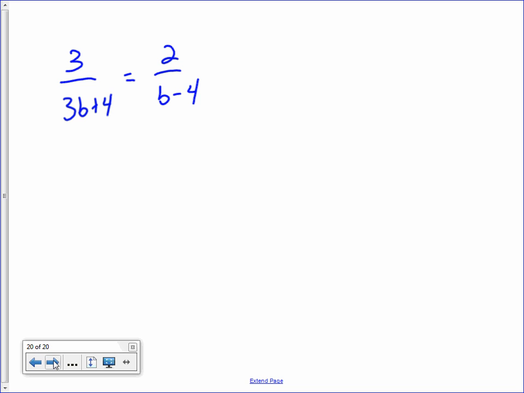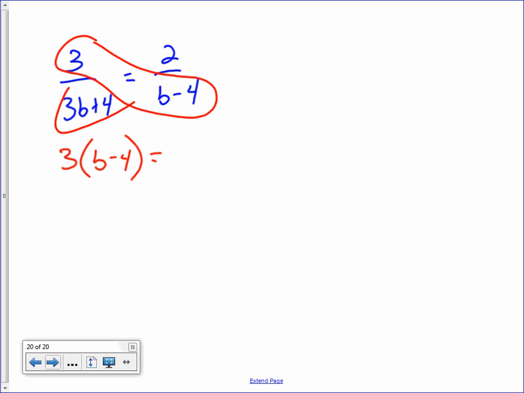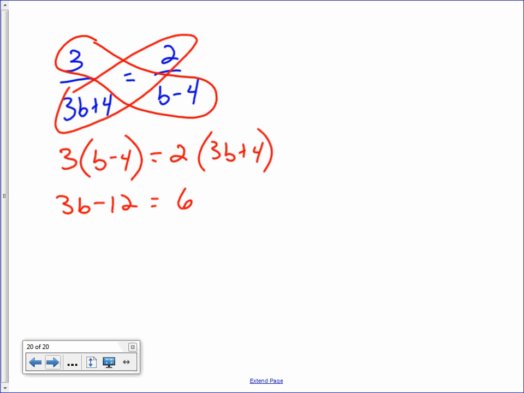Okay, so here's how we do it. We cross multiply. I'd have 3 times the b minus 4 equals, the cross product here would be 2 times the 3b plus 4. If I distribute on both sides, we get 3b minus 12 equals 6b plus 8.